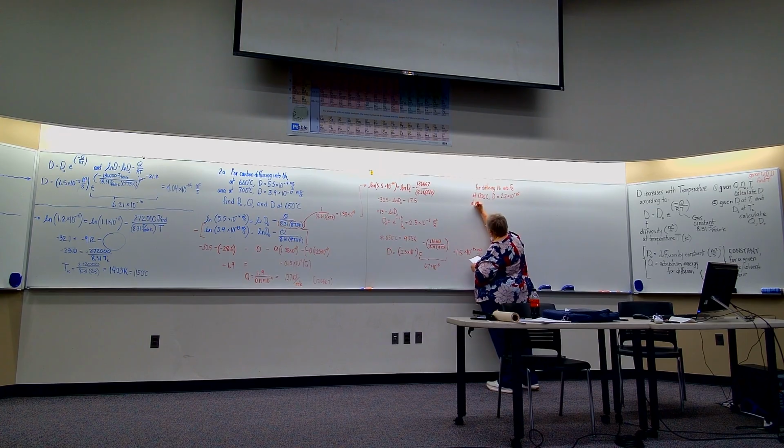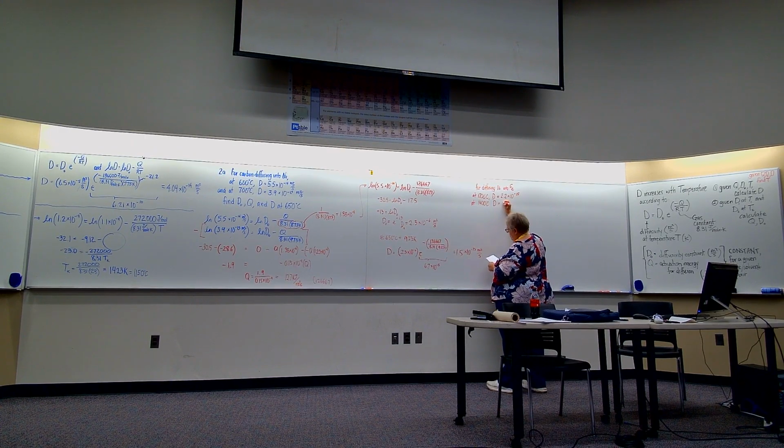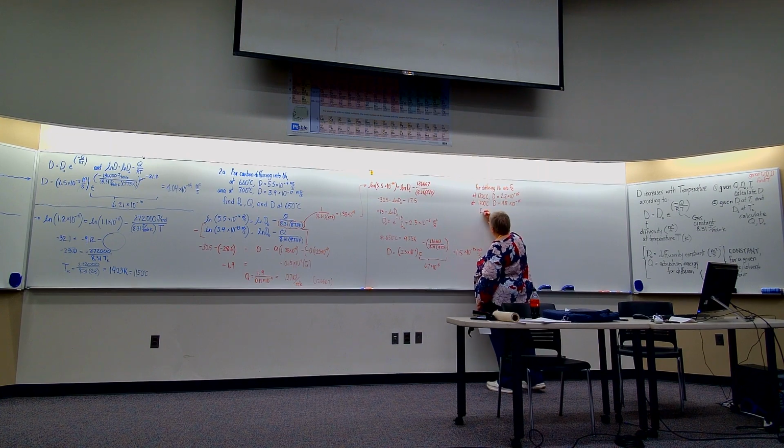And at 1400, D is 4.8 times 10 to the negative 14. Find D0 and Q.